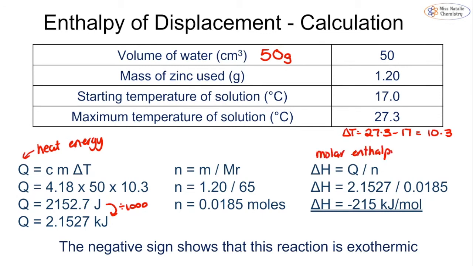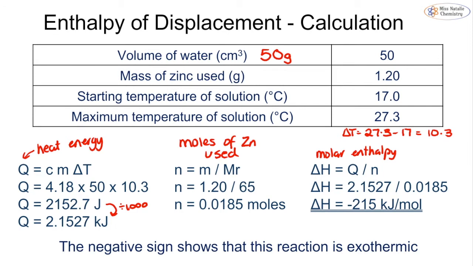So in order to do that, I have to calculate the number of moles of zinc that are used. So my mass of zinc is 1.2, my MR is 65, so I get a number of moles of 0.0185, and then I substitute in my delta H to my delta H equation, Q divided by N, so 2.1527 divided by 0.0185, and I get an answer of 215 kilojoules per mole.